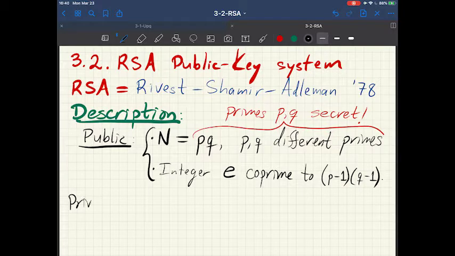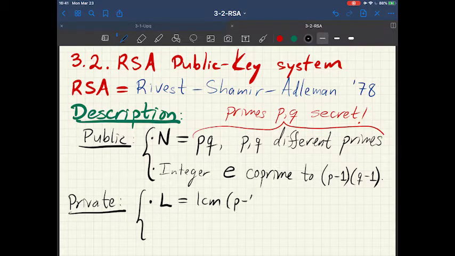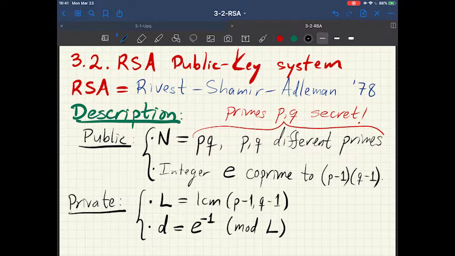Now the private part of the crypto system depends on knowing L equal to the least common multiple of p minus 1 and q minus 1, as last time, and d equal to the multiplicative inverse of e modulo L. You could do this if you wanted with replacing L by p minus 1 times q minus 1, and d as e inverse mod that.